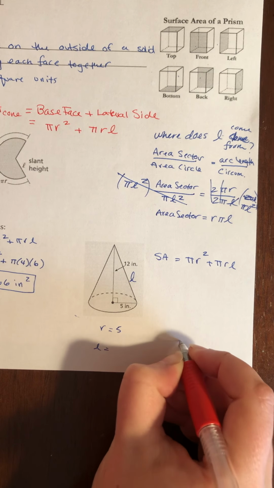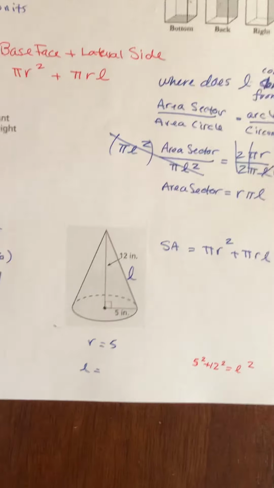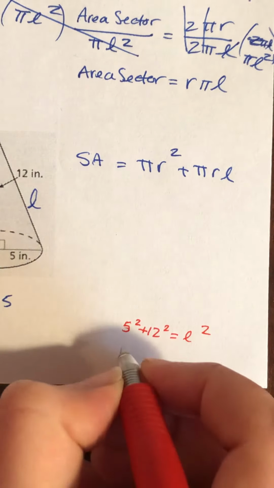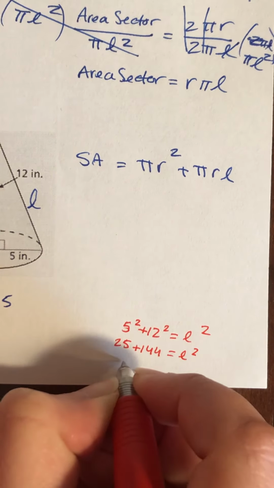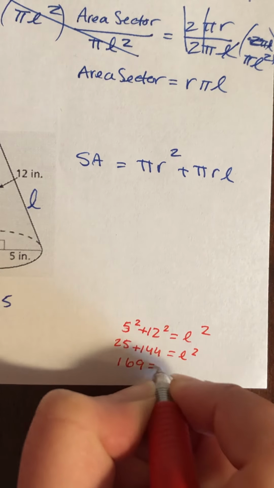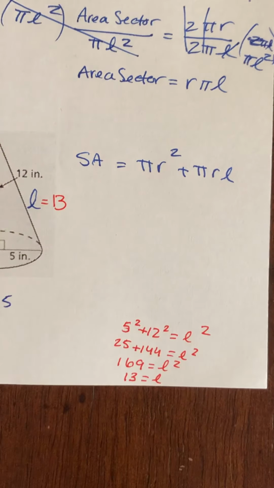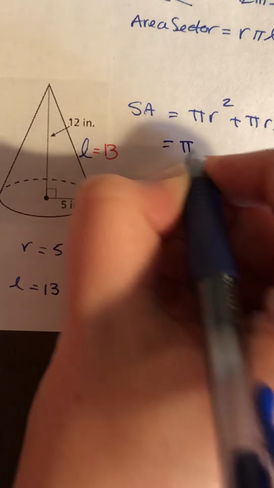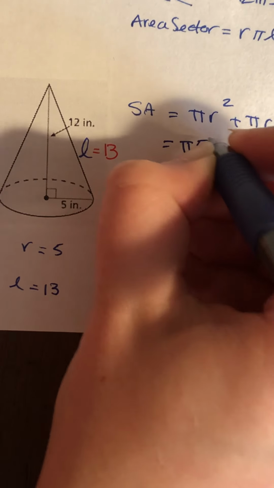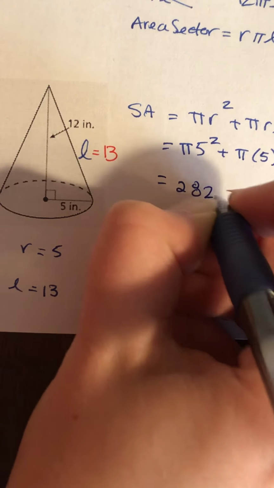So 5 squared plus 12 squared should give us L squared. 25 plus 144, that's 169. So the slant is going to be 13. Then you can put that all in your calculator: pi times 5 squared plus pi times 5 times 13, and that'll give you 282.74.